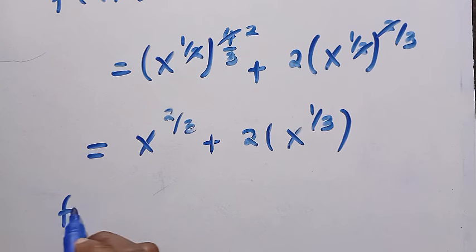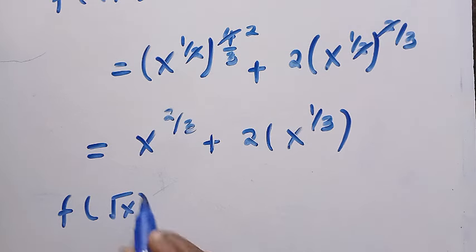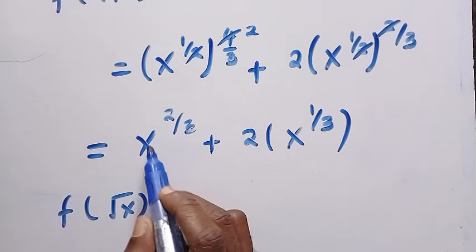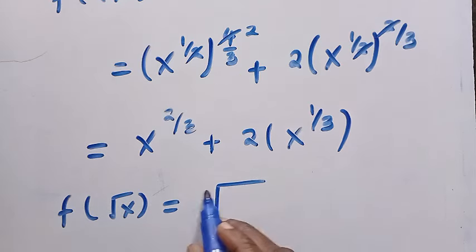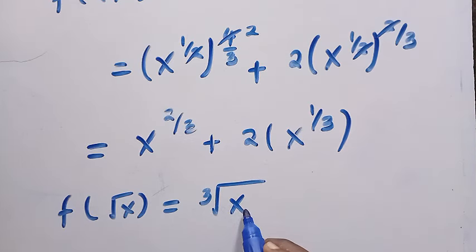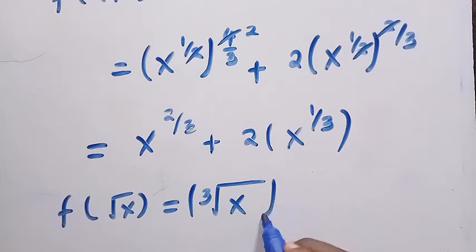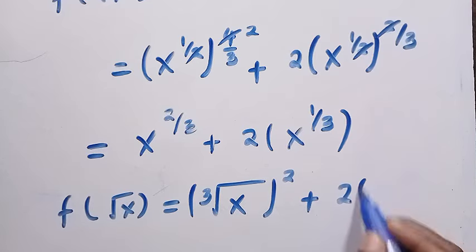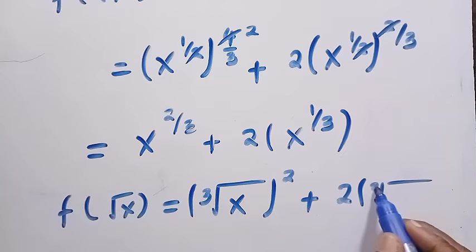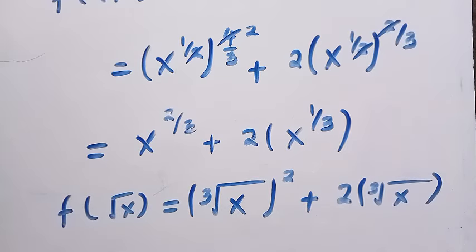So this is the result of f of root x equals x raised to power of 2 over 3, so it can also be written as the cube root of x, all raised to power of 2, plus 2 into bracket the cube root of x, all raised to power of 1. So this is what we get for f of root x.